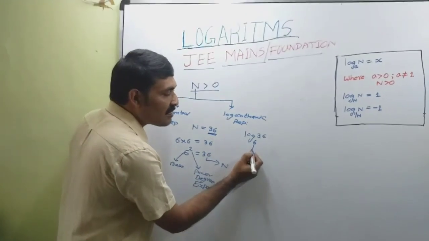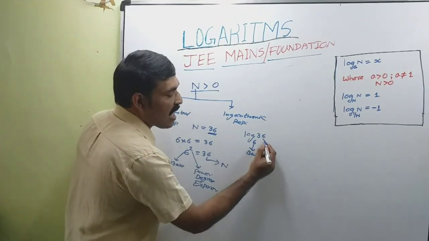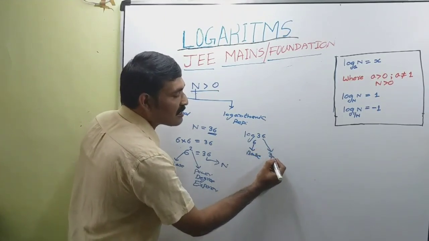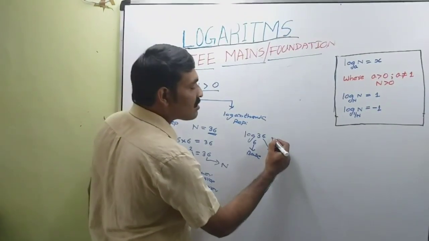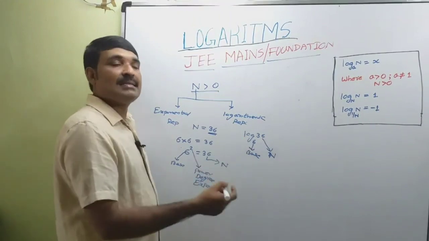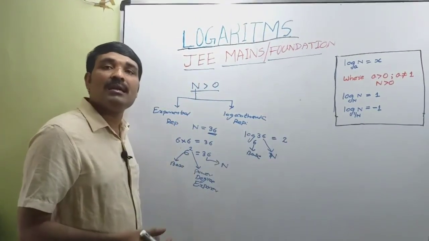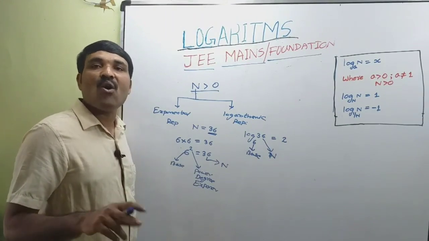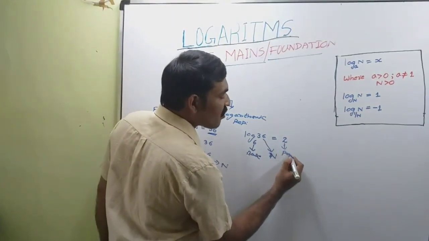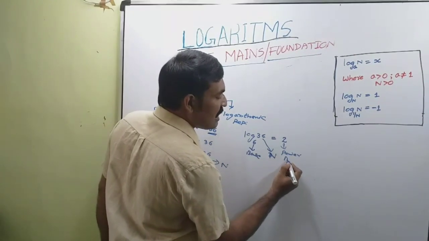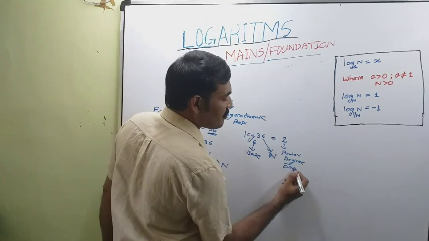Here 6 is the base and 36 is our positive real number. The answer of log 36 to the base 6 is 2. Here also 2 is called power, degree, or exponent.